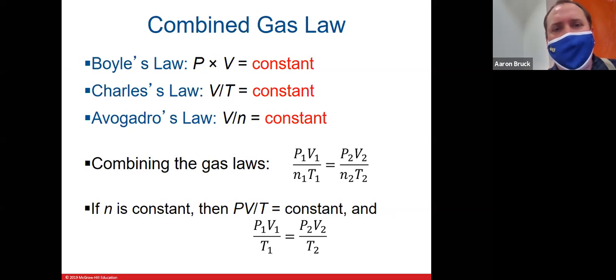I assume that my pressure of gas and my amount of gas didn't change when I was looking at volume versus temperature.